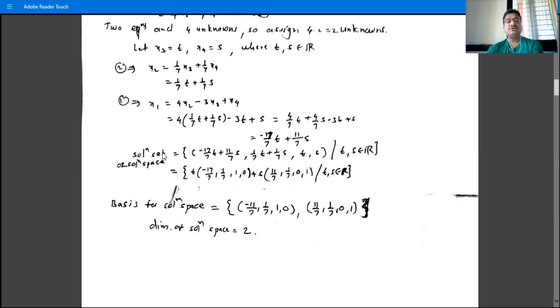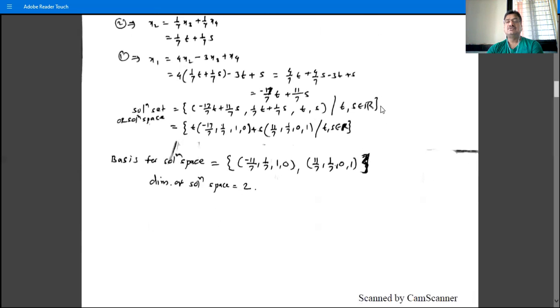Okay, and therefore the solution set, or it is called the solution space. So what is the solution set? Write in curly bracket, and inside it, in round bracket now, write the value of x1 as minus 17 by 70 plus 11 by 7s, comma, write the value of x2. x2 is 1 by 70 plus 1 by 7s, comma, the value of x3 is t, value of x4 is s, such that t and s belong to the real numbers.